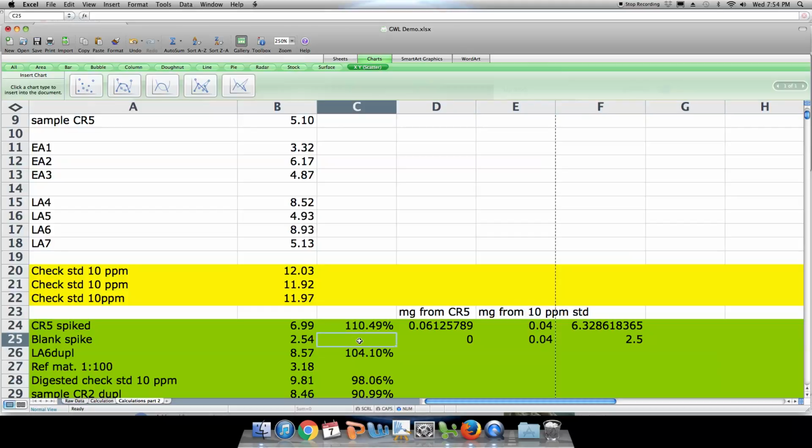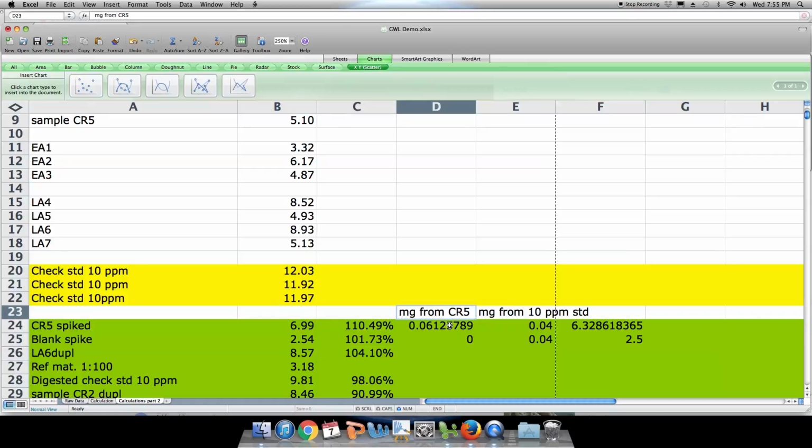So we now take what we got divided by what we put in, and that gives us a blank spike recovery of 101.73%.